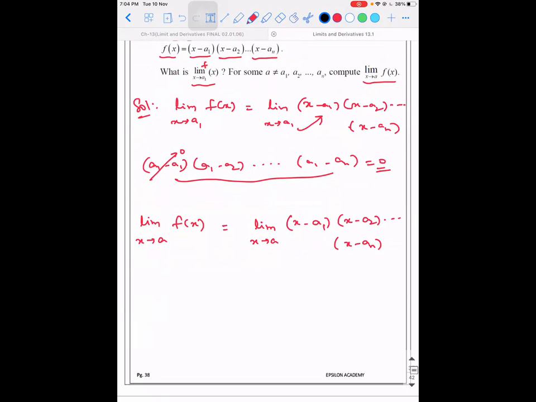Right? Now when you substitute a, you will have a minus a1 into a minus a2 into a minus a3, so on till a minus an. So this is the value of limit x tends to a of f of x. Just have to substitute that value, that's it. Clear?